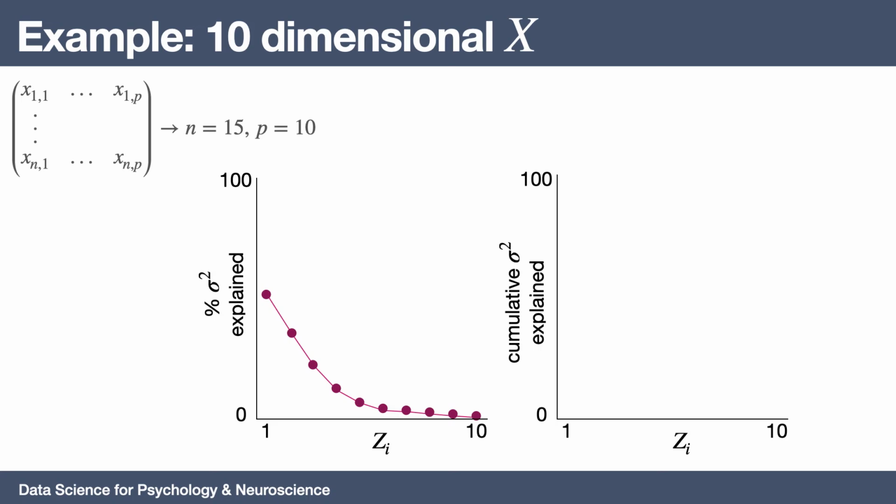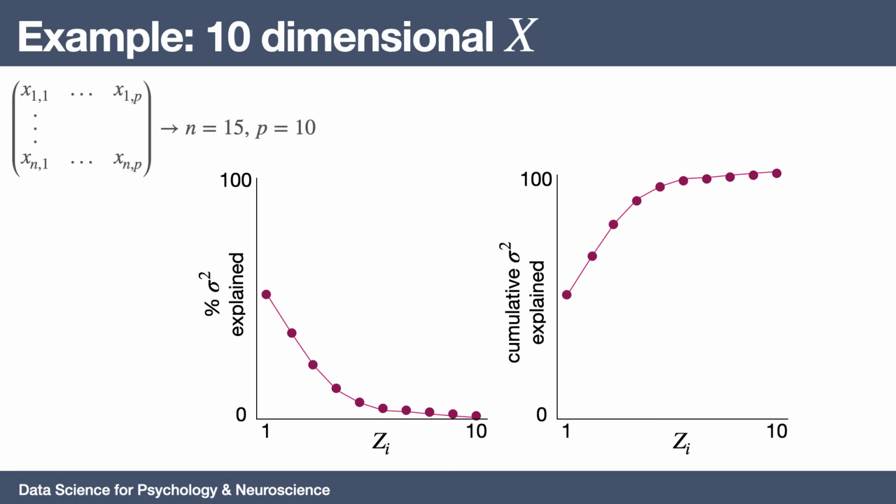The cumulative variance explained by the first three components is the variance explained by the first, second, and third principal components. And then you just keep going through this. You get a line that looks like this. And by the time you get to principal component 10 in this example, 100% of the variance is explained.